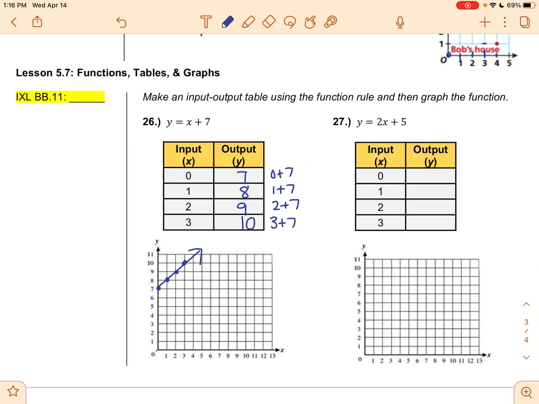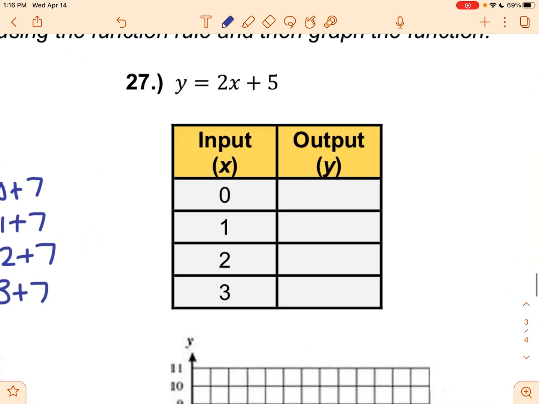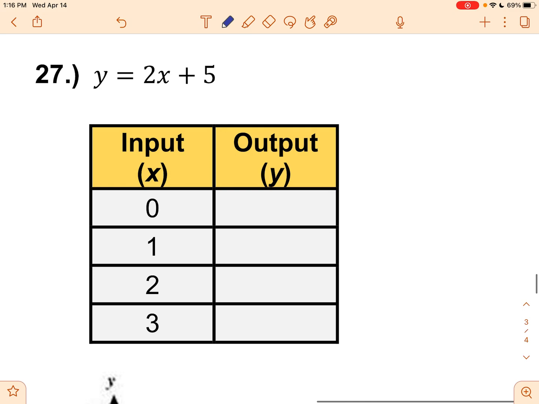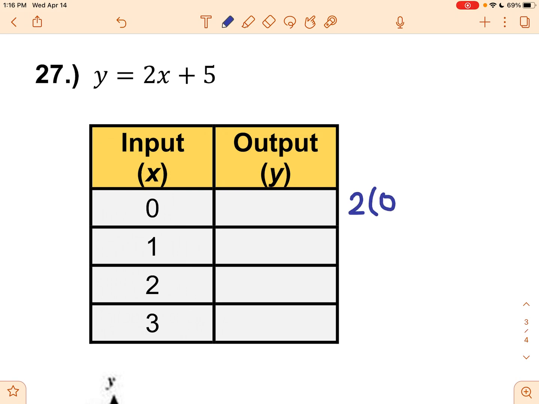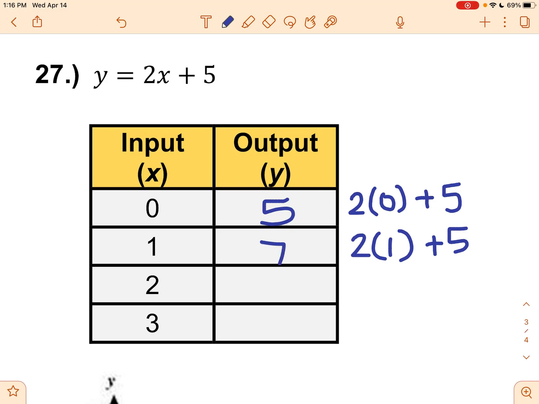Awesome. Moving on to number 27, y equals 2x plus 5. So again, we're plugging these numbers in for x. So we are taking 2 times 0 plus 5. 2 times 0 is 0, 0 plus 5 is 5. 2 times 1 plus 5, 2 times 1 is 2, 2 plus 5 gives you 7. Next, 2 times 2 plus 5, 2 times 2 is 4, 4 plus 5 is 9.